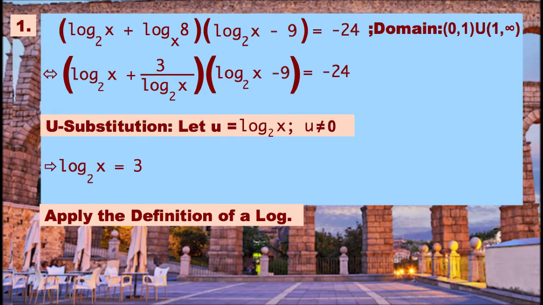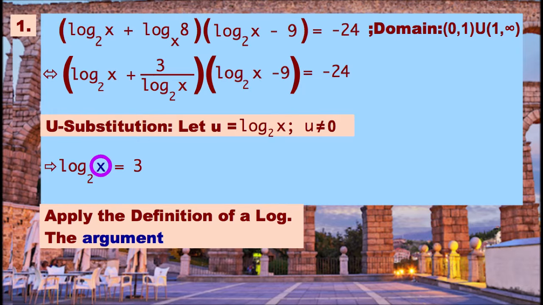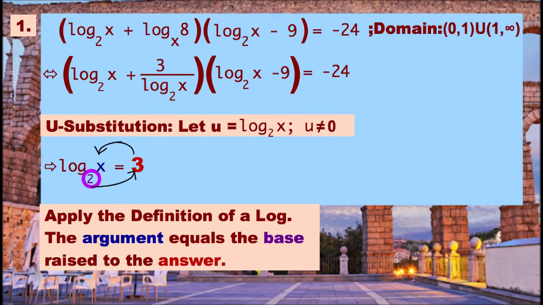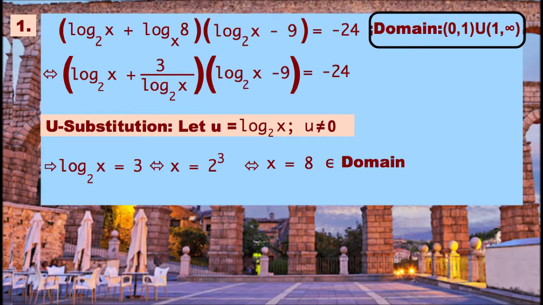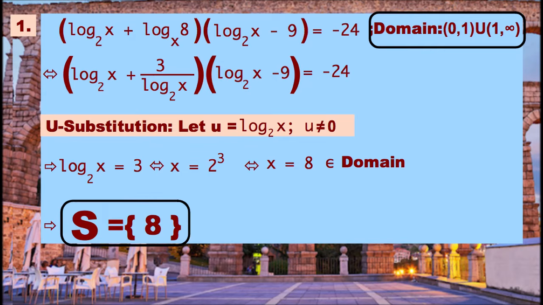And by applying the definition of a log, where the argument equals the base raised to the answer, this is equivalent to x equals 2 cubed, which is equivalent to x equals 8. Now 8 belongs to our domain. Thus, our set of solutions is the set made of 8.